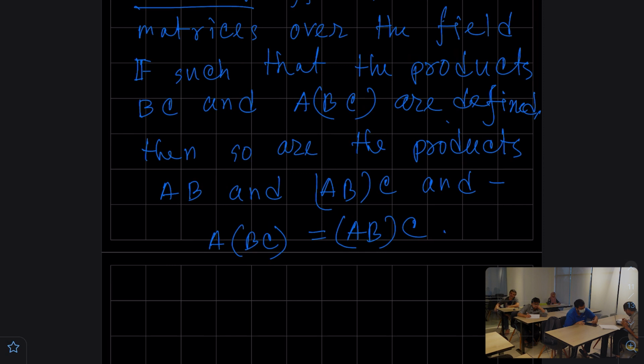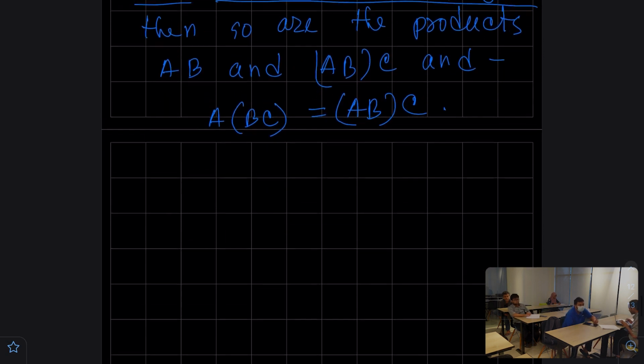When I say the products BC and ABC are defined, what does that mean? That is, matrix multiplication is possible.